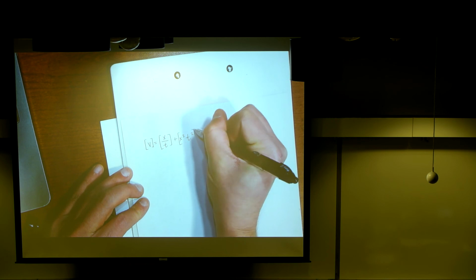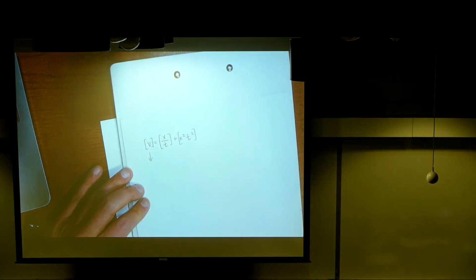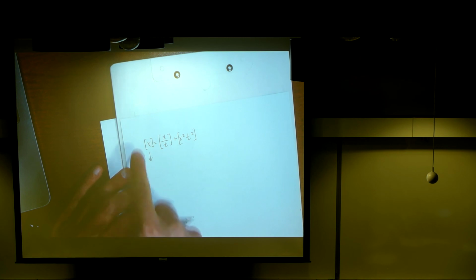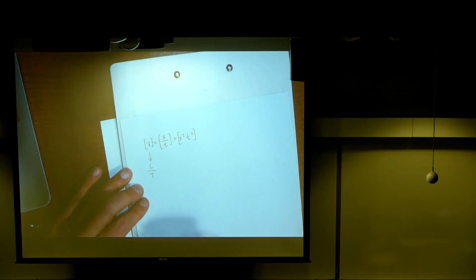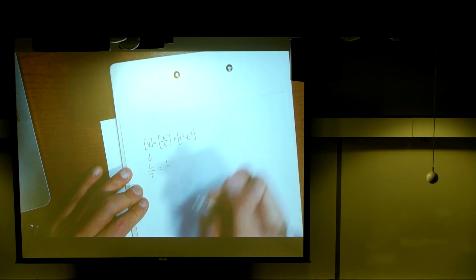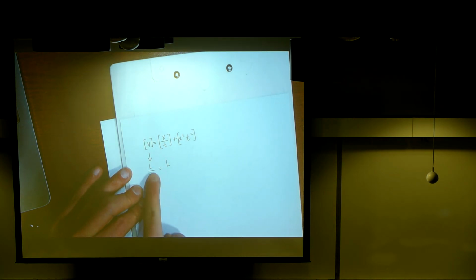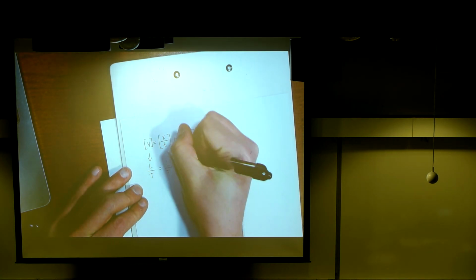When I do that, that just means give me the dimensions of that thing, okay? So v is a speed, right? It's a length divided by a time. x is a distance, it has dimensions of length, okay? So I'm going to write capital L for anything that has dimensions of length, capital T for anything that has dimensions of time.